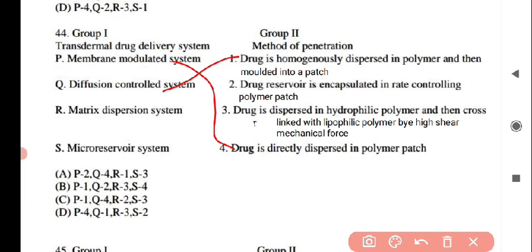For matrix dispersion system, the correct answer is option number 3, that is drug is dispersed in a hydrophilic polymer and then cross-linked with lipophilic polymer by high shear mechanical force. And for micro reservoir system, the correct answer is option number 2, that is drug reservoir is encapsulated in rate controlling polymer patch. So option D is correct for this question.